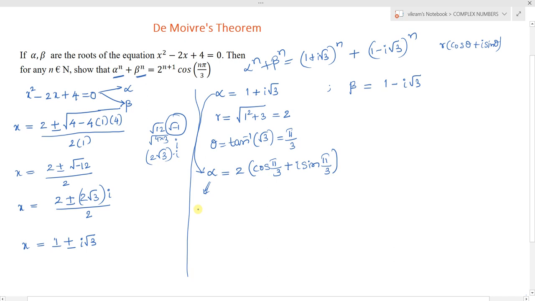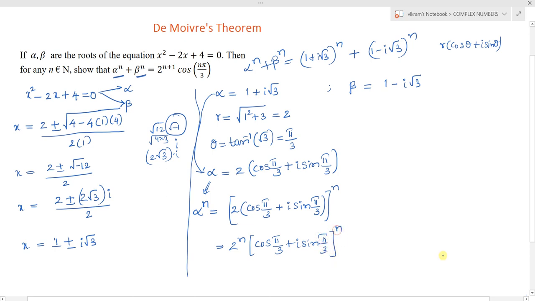Alpha power n equals 2 times cos pi by 3 plus i sin pi by 3, whole power n. This can be written as 2 power n into cos pi by 3 plus i times sin pi by 3, whole power n.